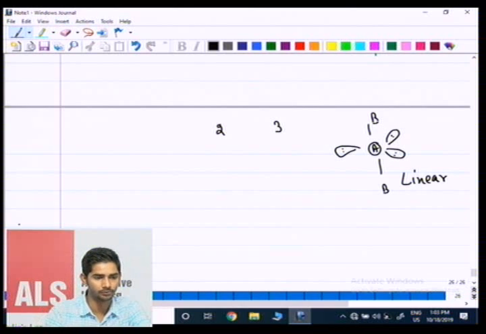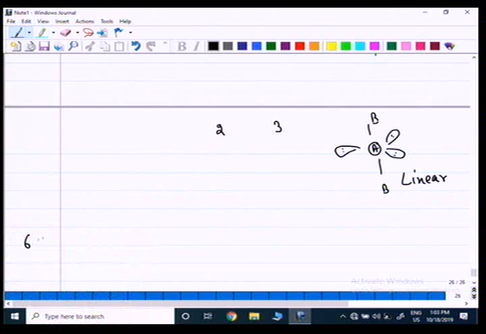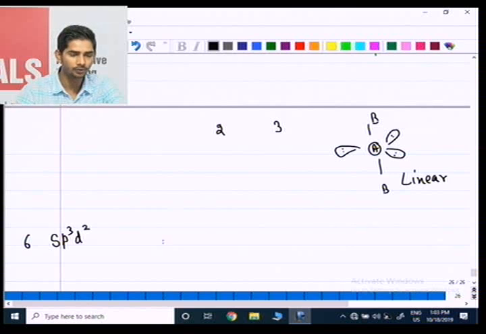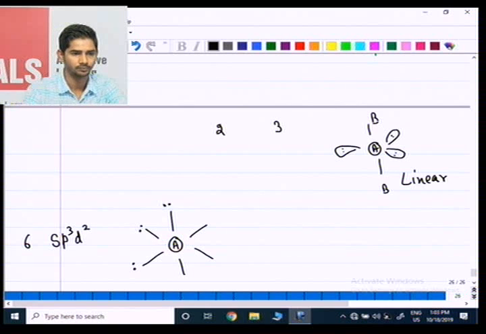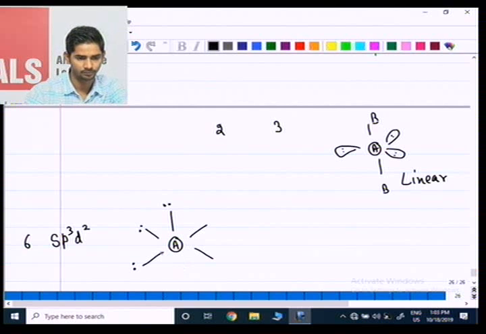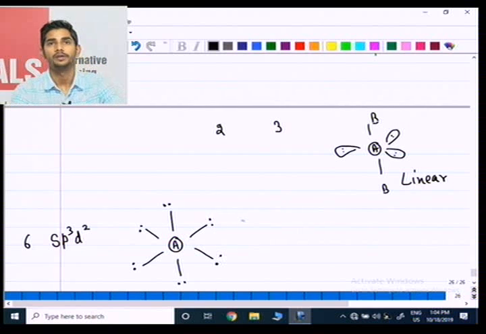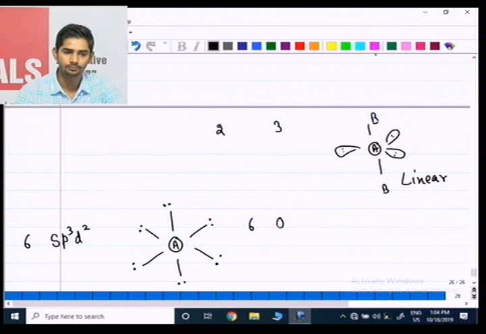Now let's move on to n by 2 equal to 6. This is your sp3d2. Arrangement of atoms are like this. This is your central atom. Case 1, 6 and 0, and in that case it will look like this.